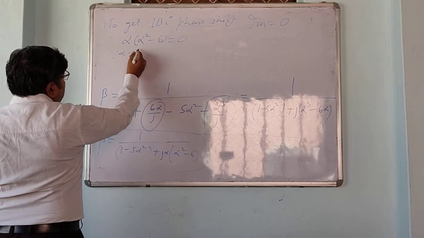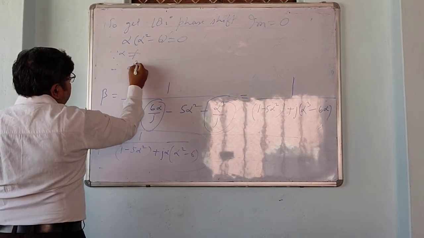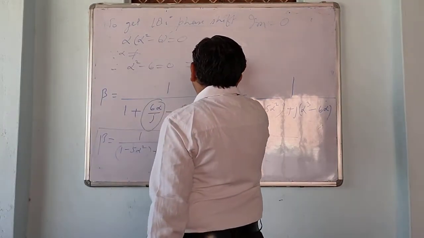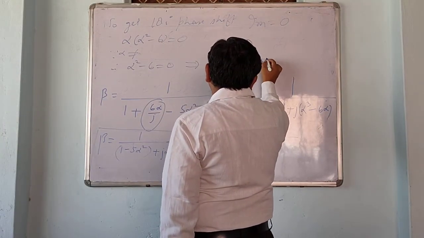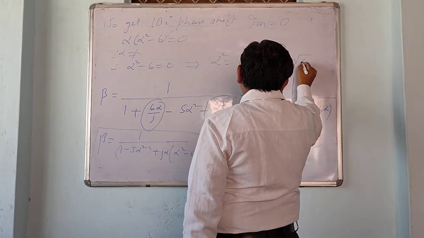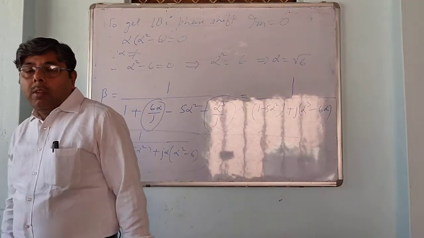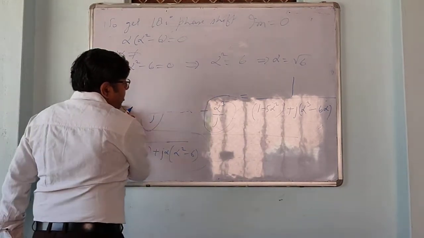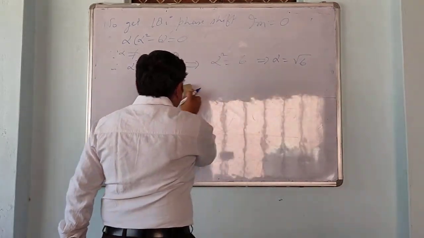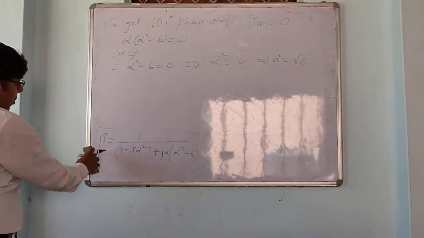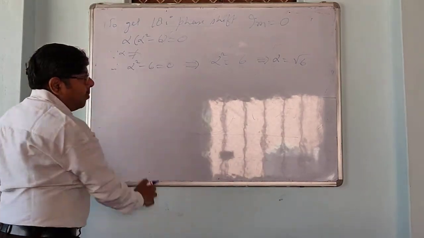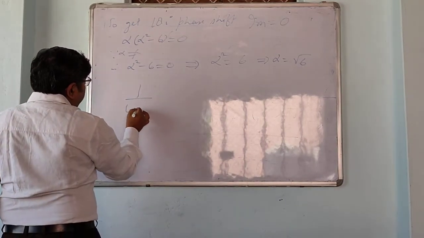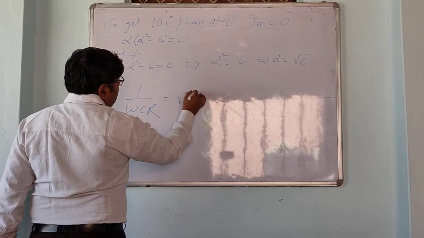Since alpha is not equal to 0, we can write alpha square minus 6 equals 0, and this implies alpha square equals 6, or alpha equals under root 6. From here we can write the expression for frequency of oscillation. Alpha equals under root 6, that is 1 upon omega CR equals under root 6.